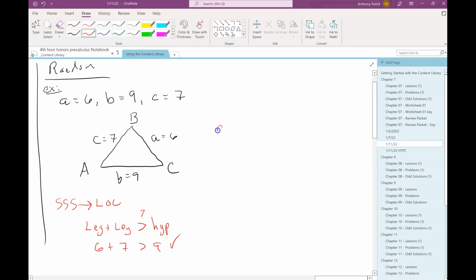So using the law of cosines, I'll write b squared is equal to a squared plus c squared minus 2ac times cosine B. So I need to solve for B. So I'm going to subtract 6 squared from both sides, and then subtract 7 squared from both sides.